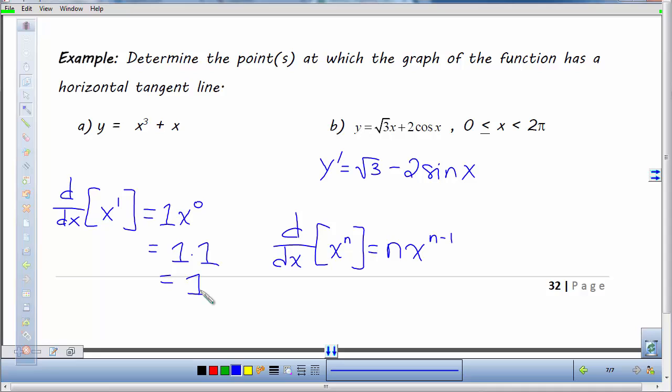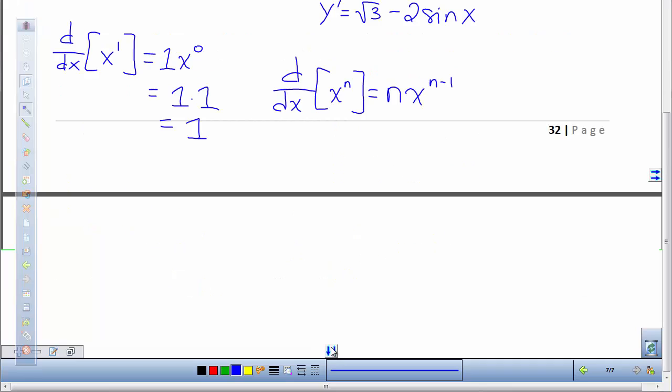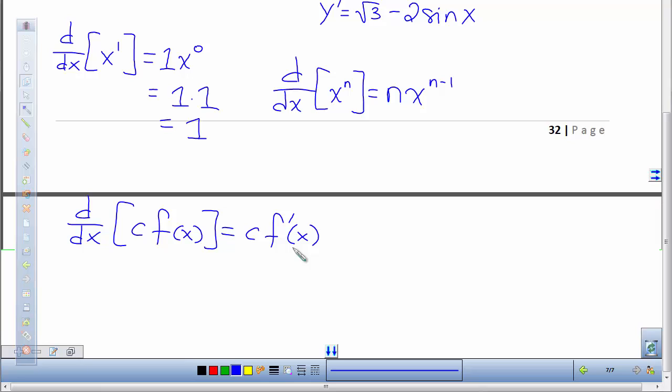Last week we also said the derivative of a constant times a function is equal to c times f prime of x. That was one of our rules as well. So basically that says if I have a constant multiple times my function, I just slide it over to the side and then I deal with the rest of it.